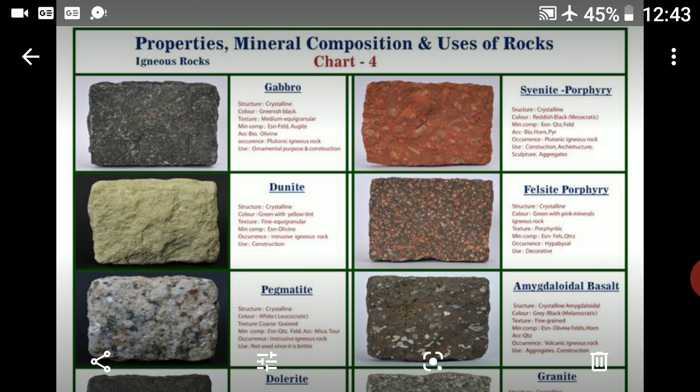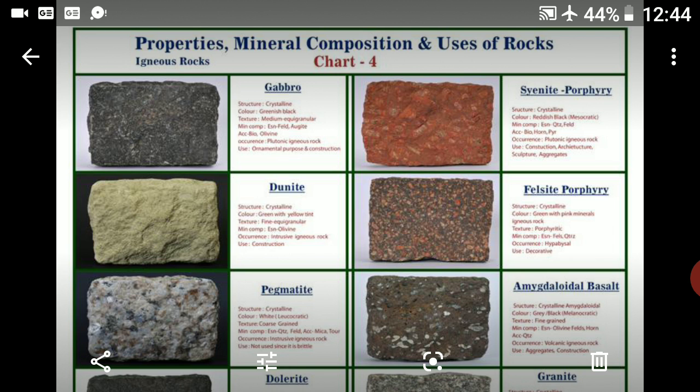And next is felsite porphyry. Structure is crystalline, color green with pink minerals, igneous rock, porphyritic texture. Mineral composition: essential minerals are feldspar and quartz group minerals.